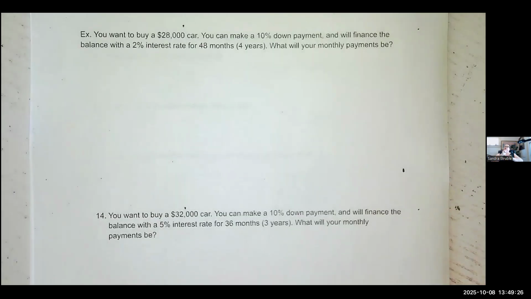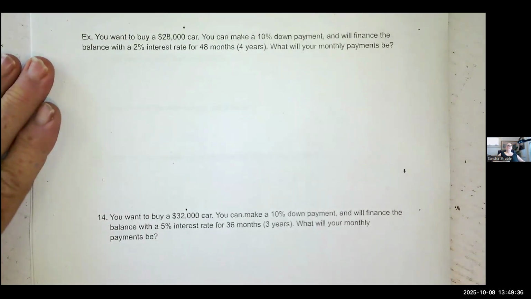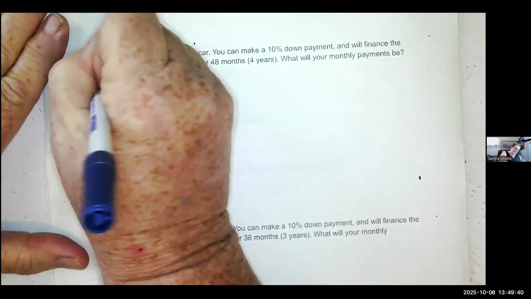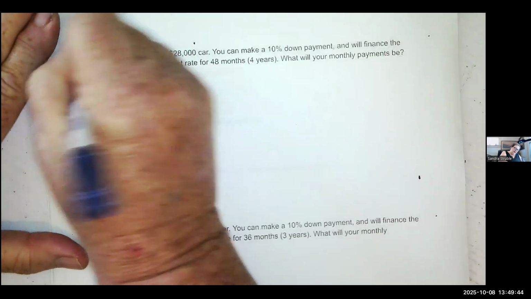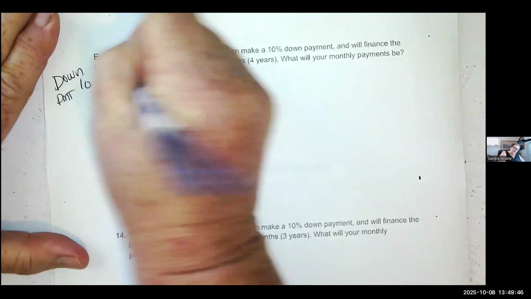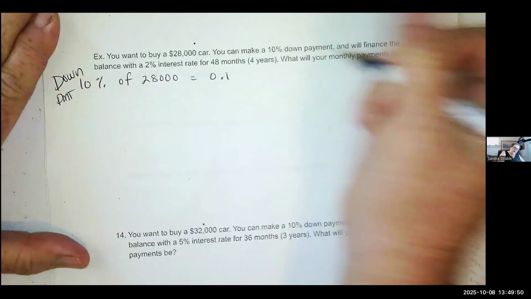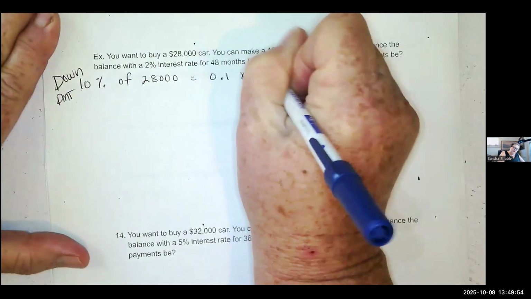So you walk to a dealership or drive and you say, I want to buy a $28,000 car. And they're like, great. And do you have any money to put down? And you're like, yes, I've got 10% to put down. Well, what is 10%? So this is the down payment. 10% of 28,000 is 0.1, because 10% has to be changed to a decimal, times 28,000.